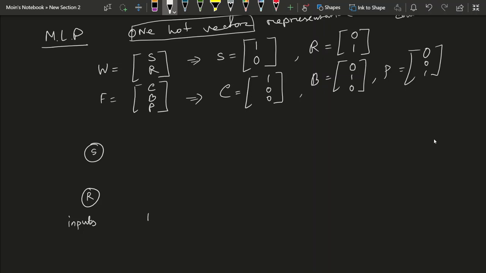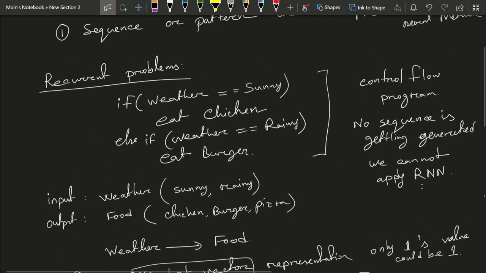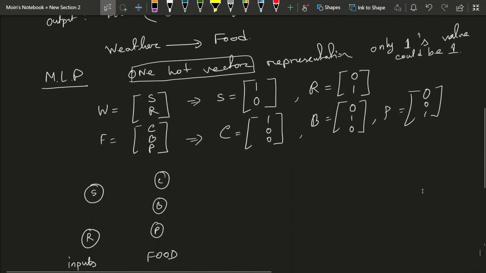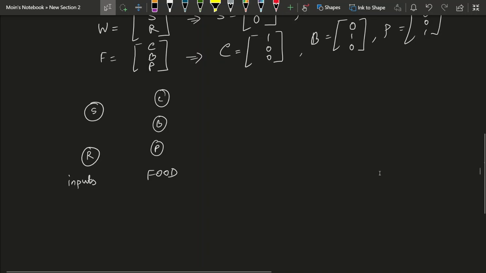And we have a food matrix, which will be our output: chicken, burger, and pizza. If we revisit the condition: if weather is sunny, then eat chicken, else if weather is rainy, then burger. So sunny produces chicken and rainy produces burger.